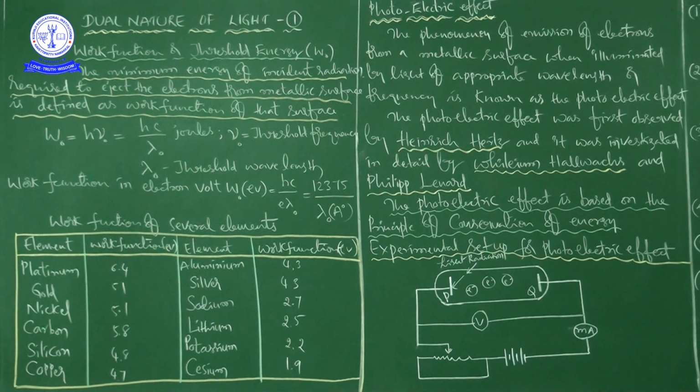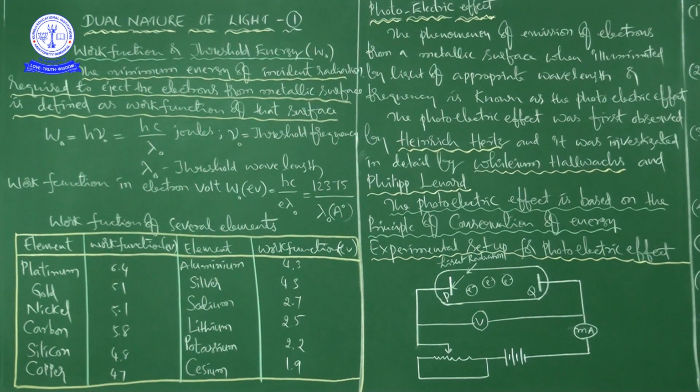Students, you know that generally metals are good conductors of electricity. Not only metal, metal is also a material. You can take a piece of wood, you can take a piece of rubber.